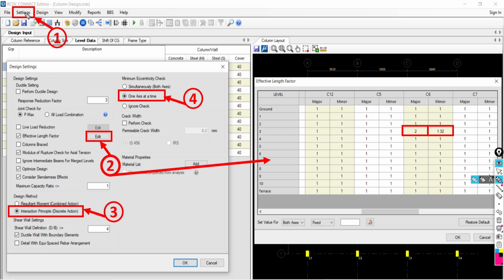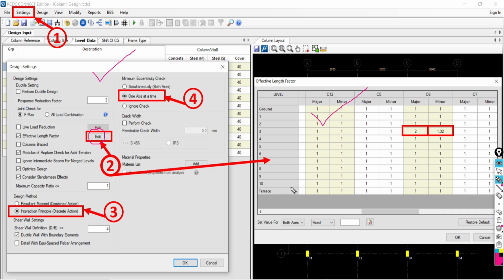When you go to the setting option and click here, this dialog box will open, and under this you mainly have to focus on editing the effective length factor. Once you click over the effective length factor, you will come to this dialog box.